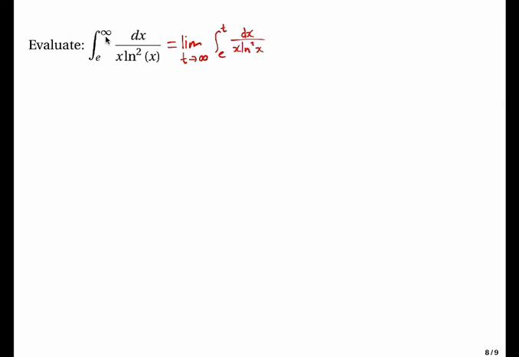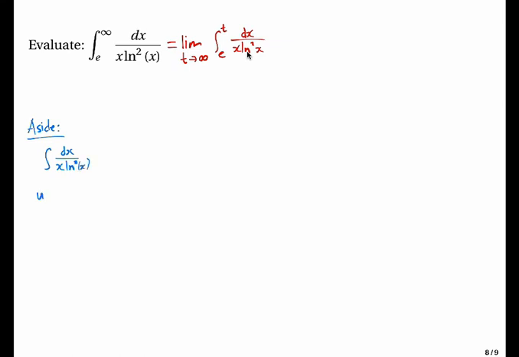So if we look at the corresponding indefinite integral, same method as in the previous example, except that the denominator will be changed. So here, you have the integral dx over x ln squared x.